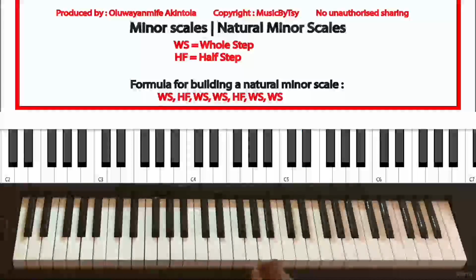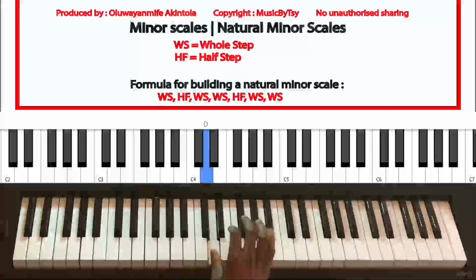So in order to find the major scale that is related to the natural minor scale of any key, this is what you're going to do. Starting from the key that you want to find the natural minor scale of, you're going to count up by 3 half steps. So in this example, we want to find the D natural minor scale.